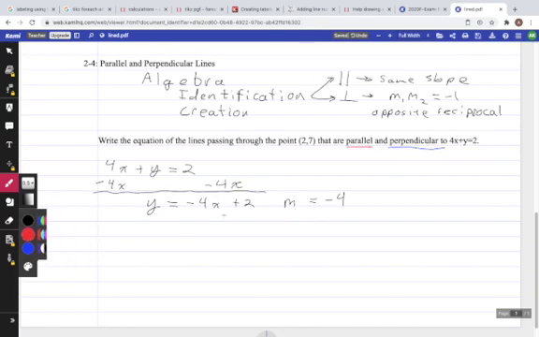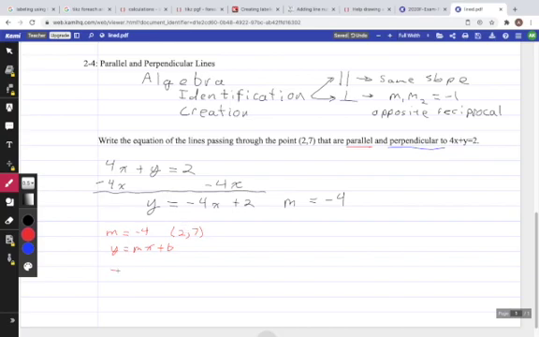Okay, for my parallel lines, I know that my slope is going to be the same, but I'm going to go through this point. So I have my slope-intercept form. I want to know what b is. I have a slope, an x, and a y.